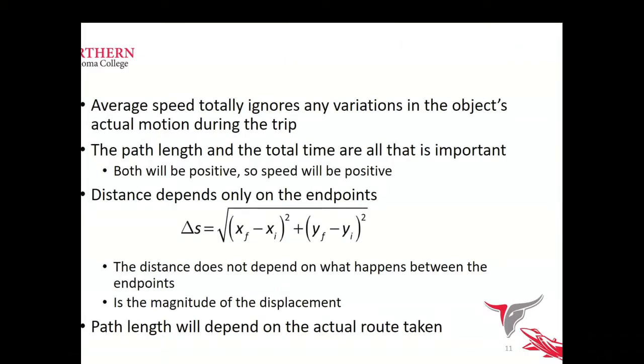But average speed is any variation in the object's motion. The path length is that total length. The distance depends only on the endpoints. So this is one way to take a position and calculate the distance. And the path length will take on the actual route taken. So I have to worry about that actual route taken.